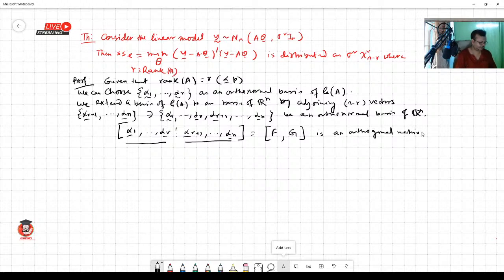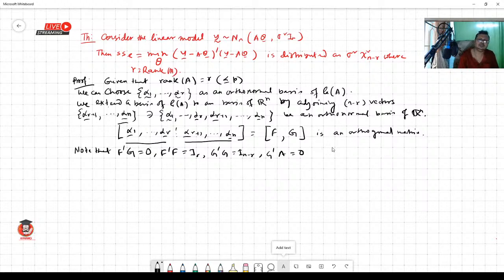Note that F prime G equals 0, F prime F equals I r, G prime G equals I n minus r, G prime A equals 0.